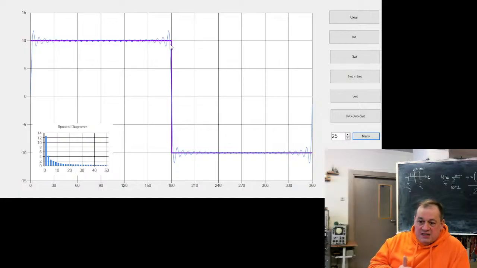From this day, it's called the Gibbs paradox. The Gibbs paradox is the problem that the Fourier row does not approximate exactly signals or functions with fast, rapid change.